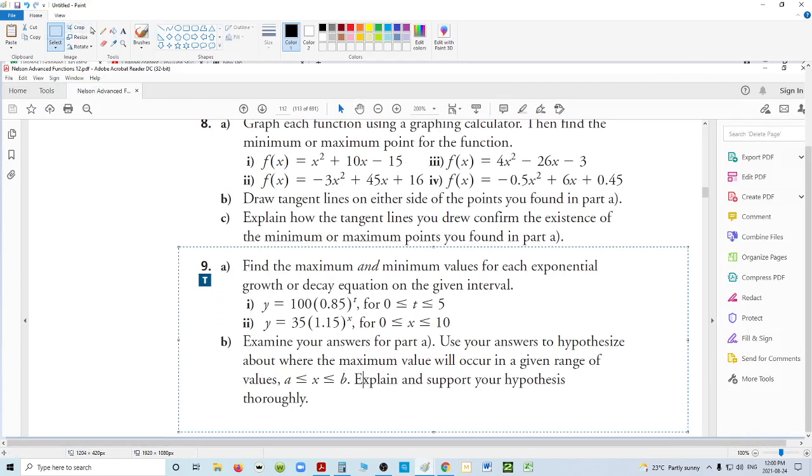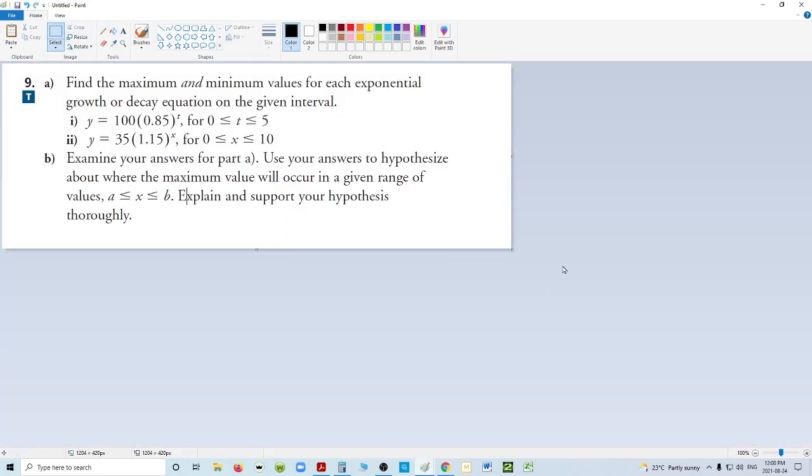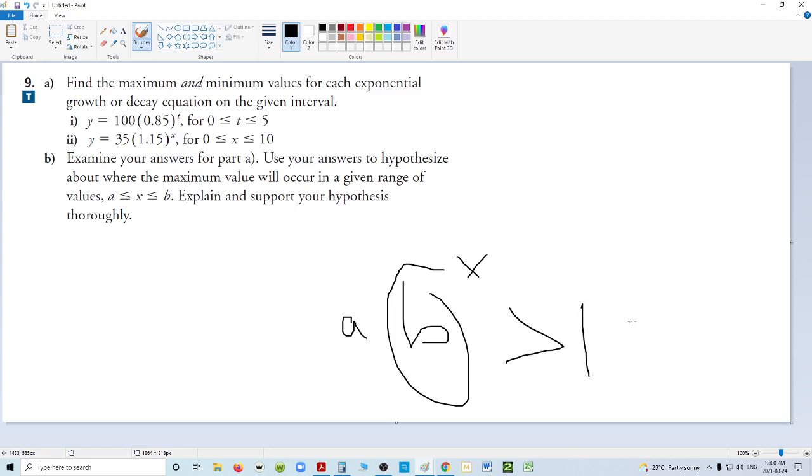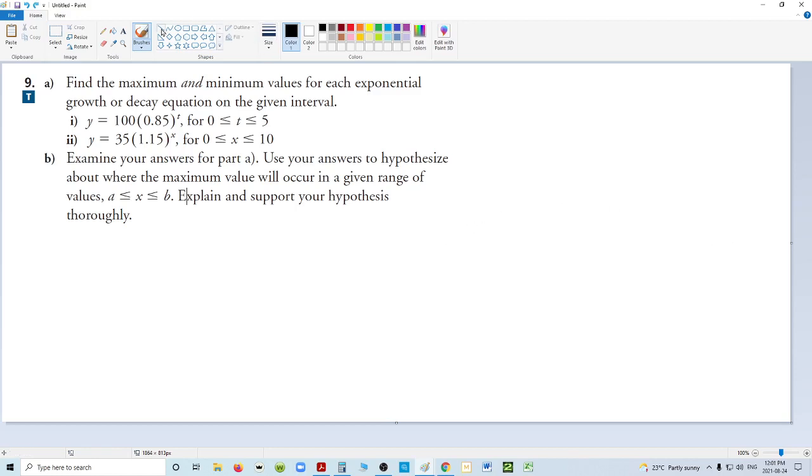But for me, you have to remember your basic curves. How do you identify a growth curve? Well, its base to the power of x will always be above 1 when it's a growth curve, and it'll always be below 1 when it's a decay curve. And growth curves and decay curves all behave the same way.